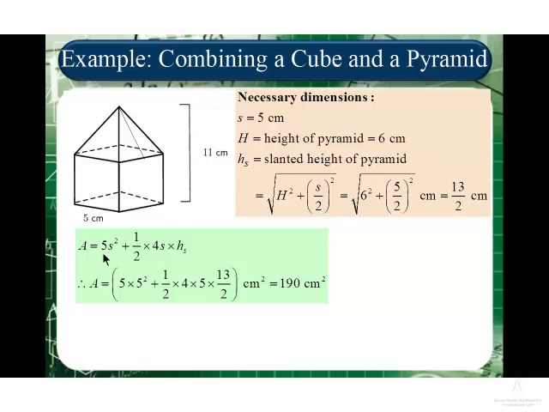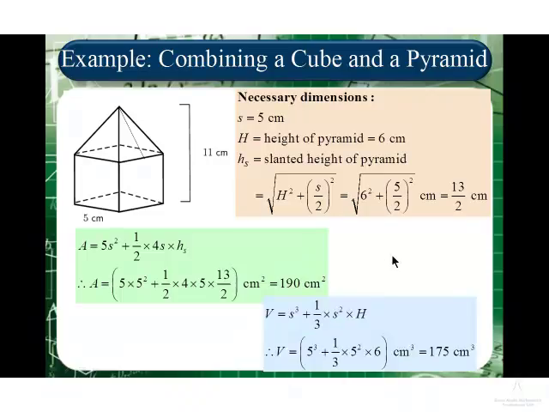So we have 5 times s squared, and adding to that half times the perimeter of the base of this square pyramid, namely 4 times s, times the slanted height, and that will give us the area. Substituting the values in the correct positions, we have in the end that the outer surface area for this particular combined solid will be 190 square centimeters, or centimeters squared.